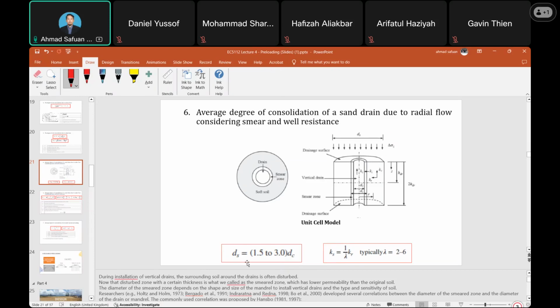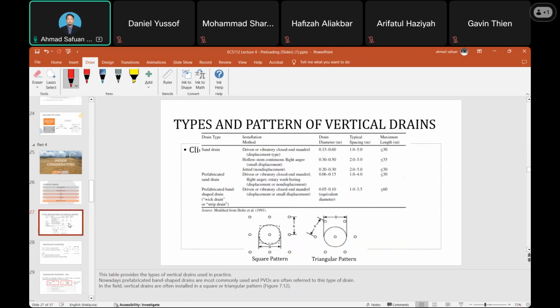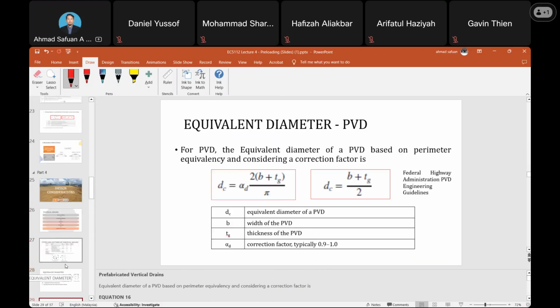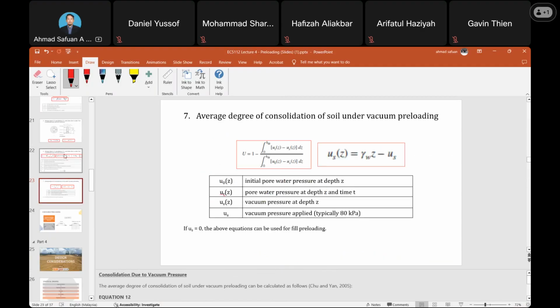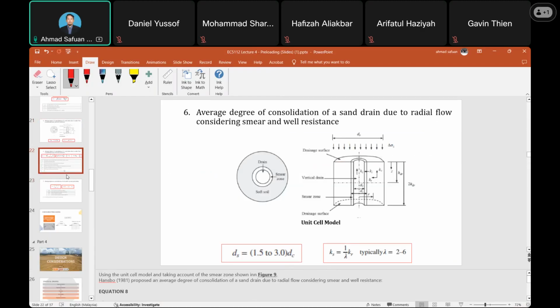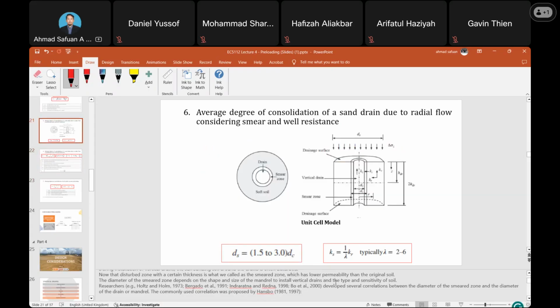So what is the mandrel? Let me find the mandrel first.